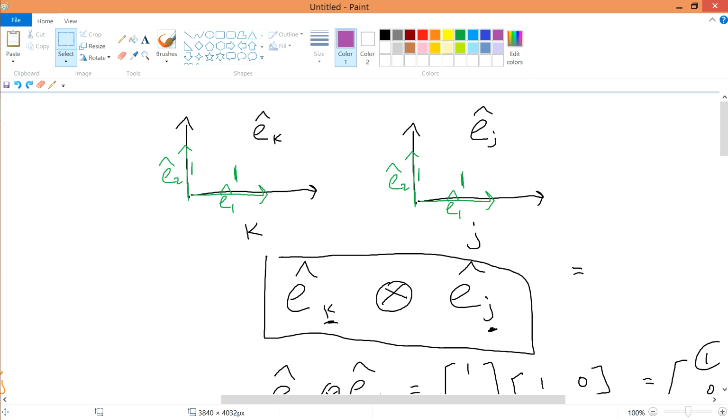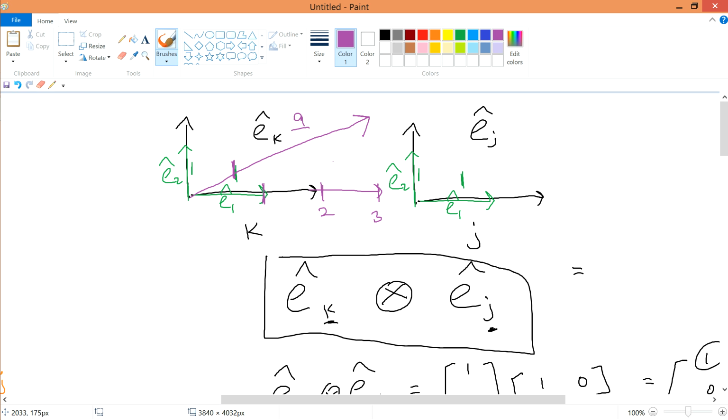Now, for example, we know that the components, let's say we call this a vector. The component is simply, if I extend this, because this is magnitude 1, maybe this is 2, this is 3.